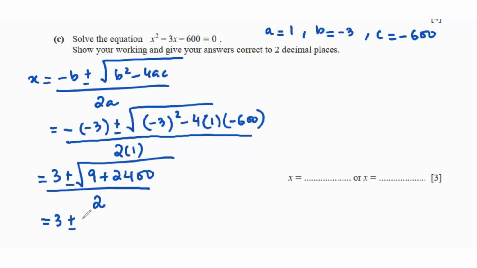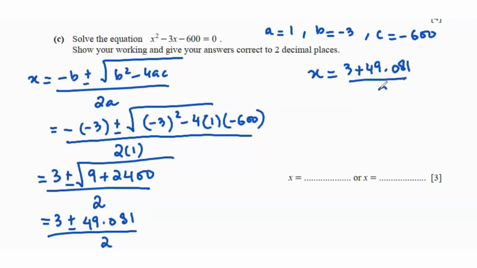3 plus minus 49.081 divided by 2. So one value would be 3 plus 49.081 over 2. And the other would be 3 minus 49.081 over 2.